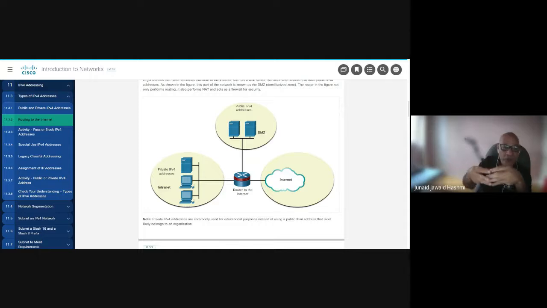You connect all your servers in one separate subnet, and this subnet is configured with public addresses, so people outside of your network can access those servers. Then you have a subnet with the private IP addresses. This is for internal use, and there's a firewall router that connects these different subnets.